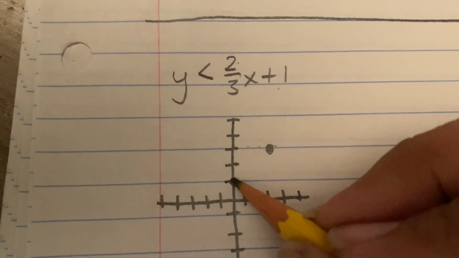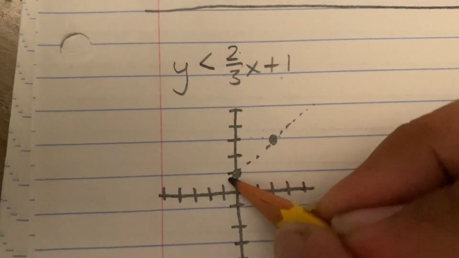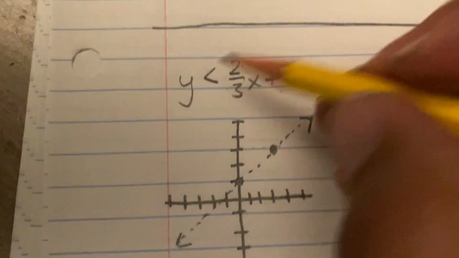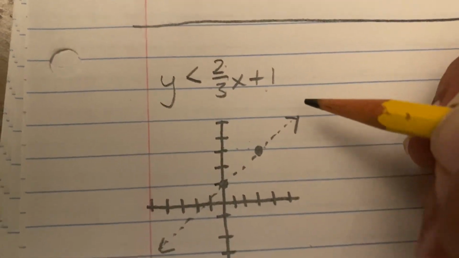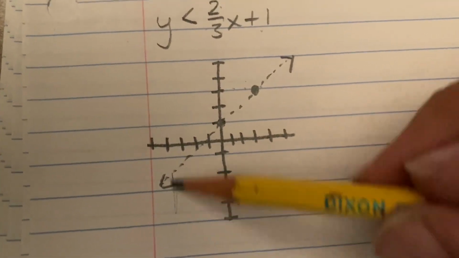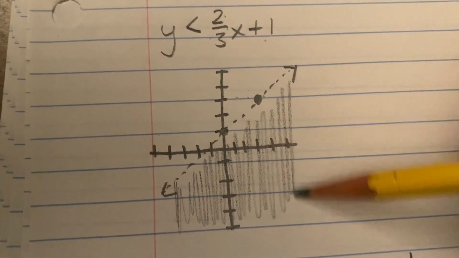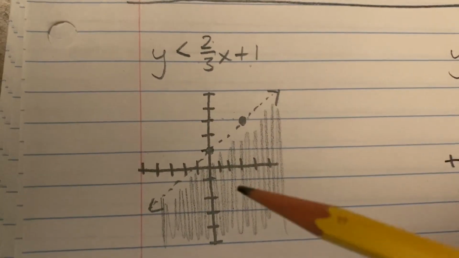It doesn't say less than or equal to, so it's going to be dotted. Now, all of the answers are less than this line you just made. So all of the answers are here. Okay? That is this graph.